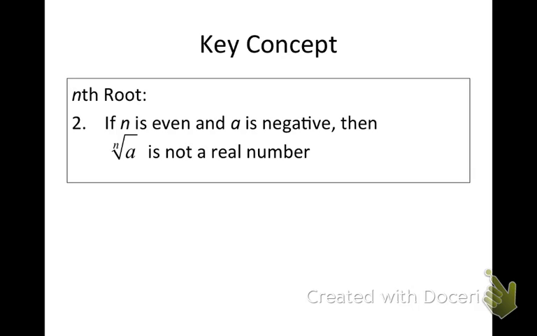So if n is even, meaning your index, your root, square root, 4th root, 6th root, 8th root, and you end up with a negative number underneath, then you are going to have no real number when simplifying. Can't happen. Okay?